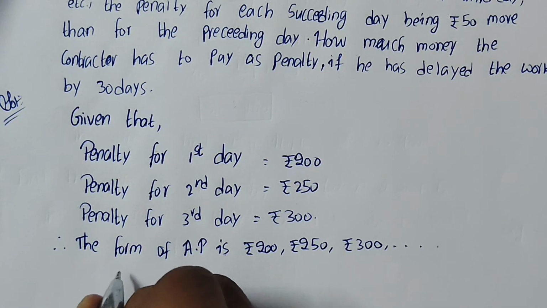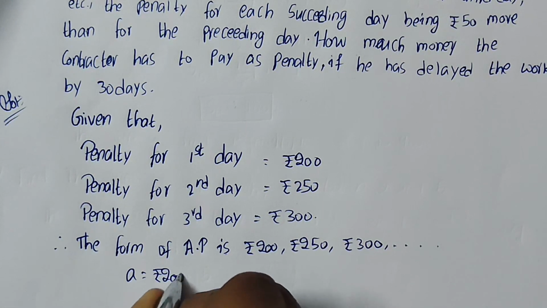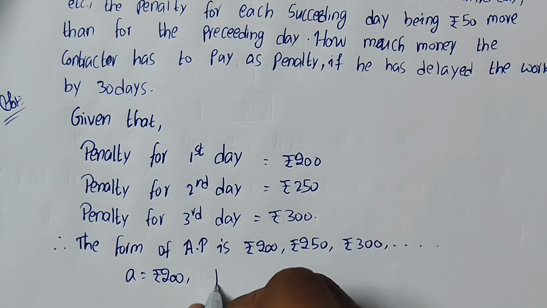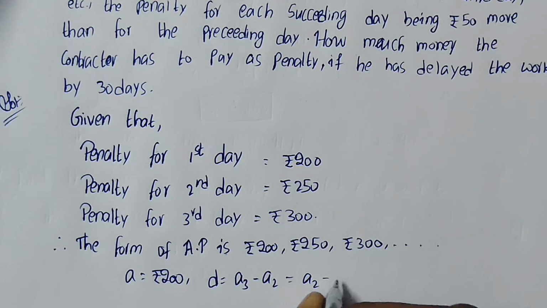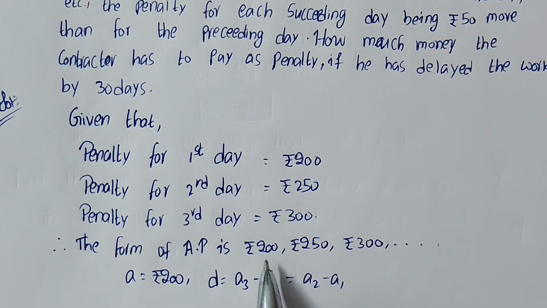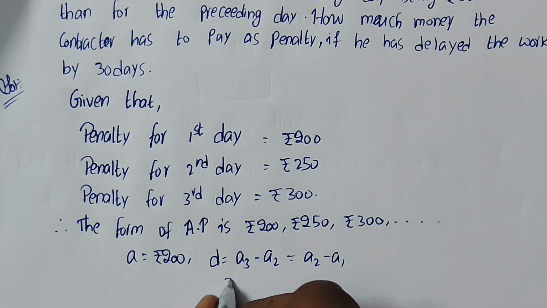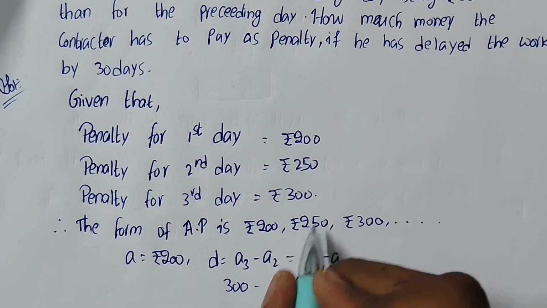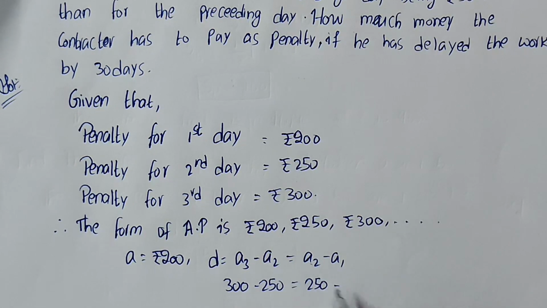So I am taking the value of A as 200 rupees because this is the first term of the given AP. D is equal to A3 minus A2, which should be equal to A2 minus A1, meaning the third day minus the second day should be equal to the second day minus the first day money. So A3 is 300 minus A2 is 250, and A2 is 250 minus A1 is 200.